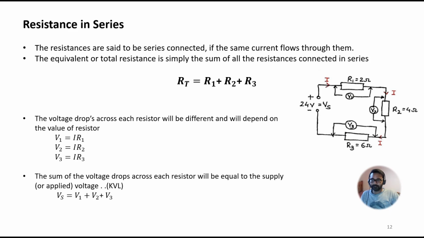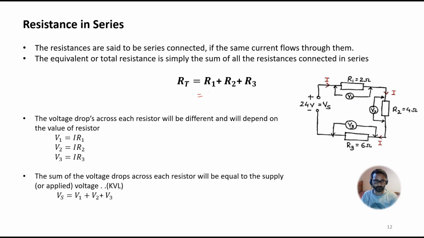And to find the total resistance or the equivalent resistance, we simply add these three resistances together, right? So the total resistance will be equal to R1 plus R2 plus R3. In the given circuit, the value of R1 is 2 ohms, the value of R2 is 4 ohms, and the value of R3 is 6 ohms.